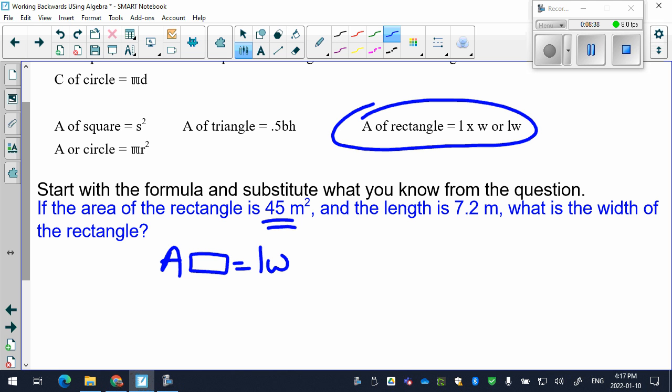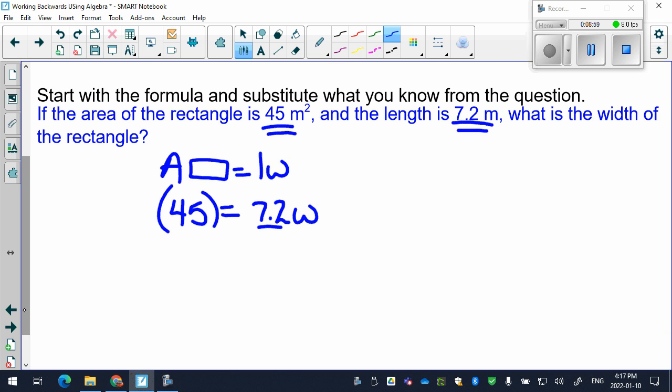Anyhow, 45 is the area, so that goes here, but it also gives us the length. So in this case, there are two things to put in. I put in 7.2 times W, because length times width will equal 45. When we isolate for W, we have to get rid of everything on that side. 7.2 is on that side, and it's being multiplied by W. From our work solving equations, we do the opposite.